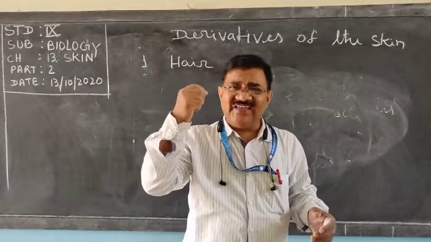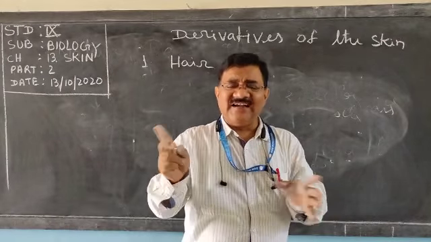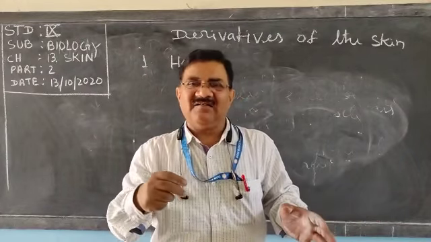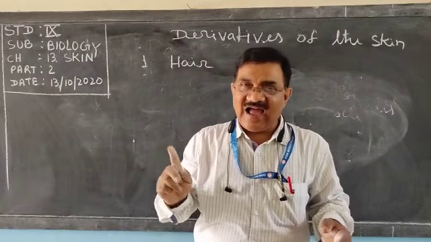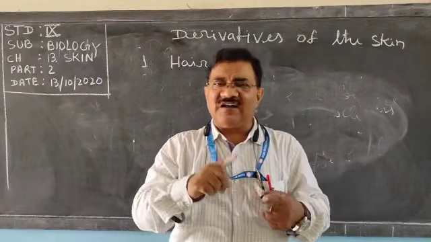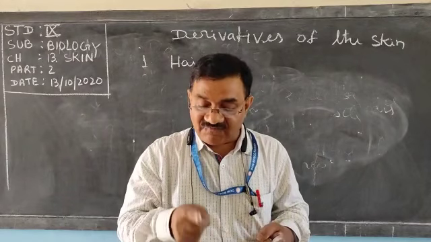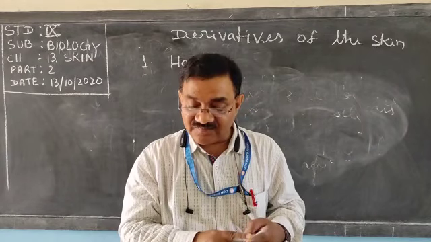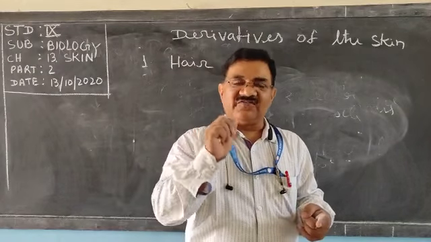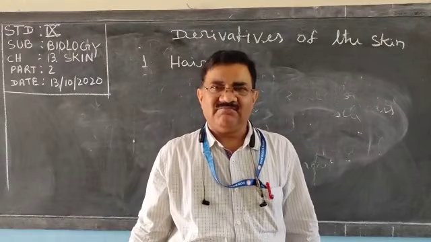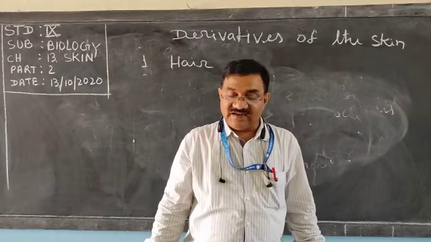Hair is present on different parts of the body: nose, armpit, eyebrows, and it has importance during crime detection. In forensic investigation, hair is considered, and it helps to find the criminal.